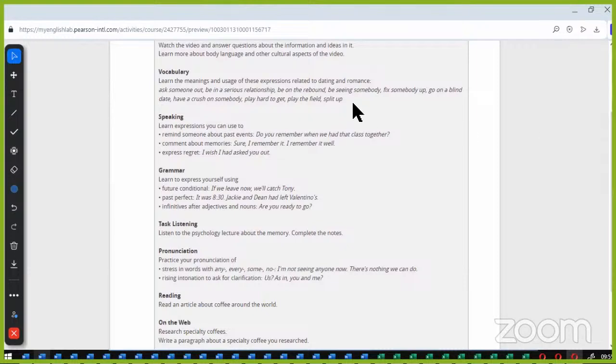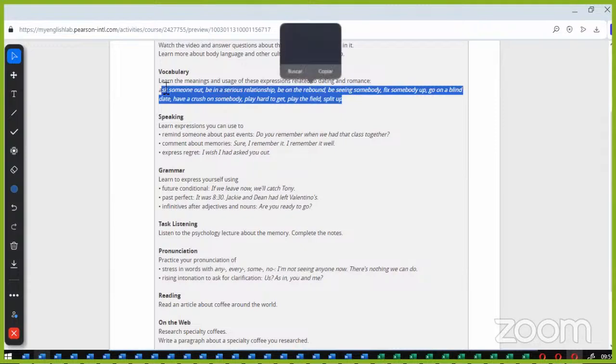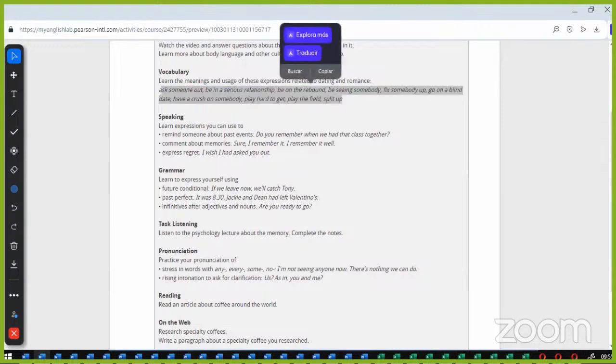Okay, is there any question maybe here? Yes, with the meaning of be on the rebound. Be on the rebound is when you have a relationship and you feel sad. Like you're still affected by an emotional distress caused by the ending of a romantic relationship.